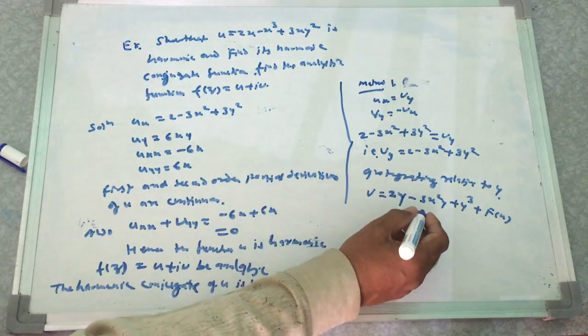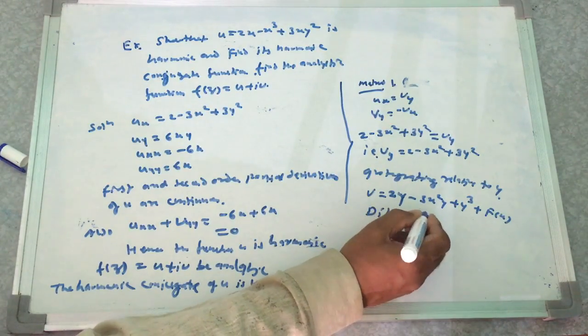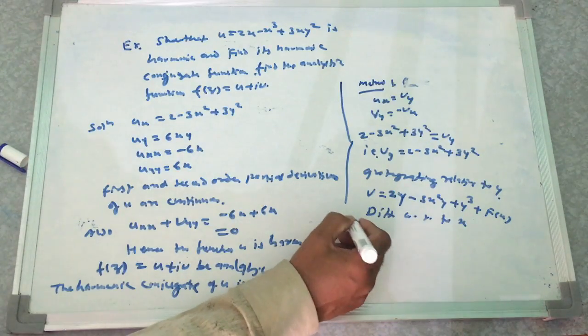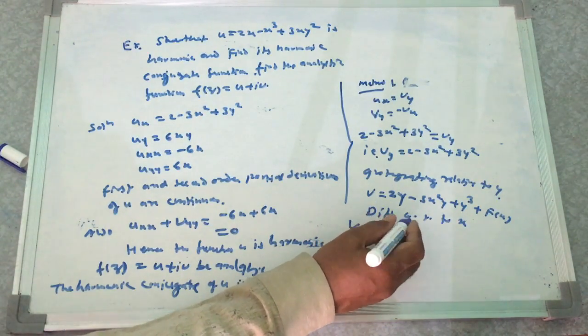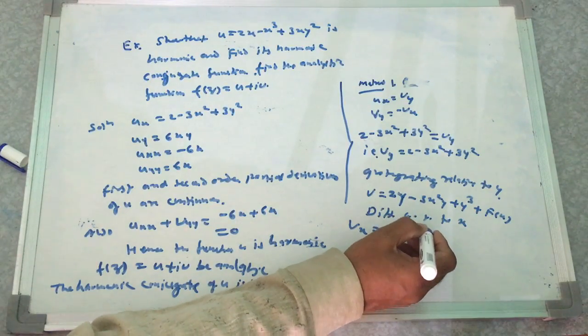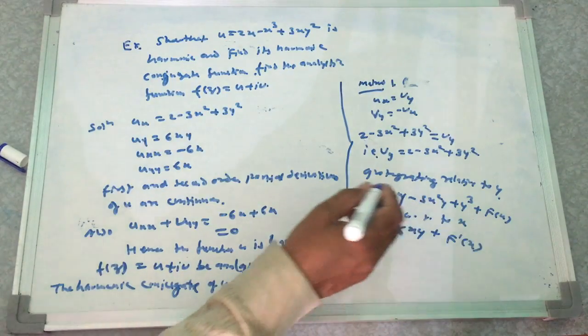So differentiating with respect to x, then v_x is equal to minus 6xy plus f dash of x.